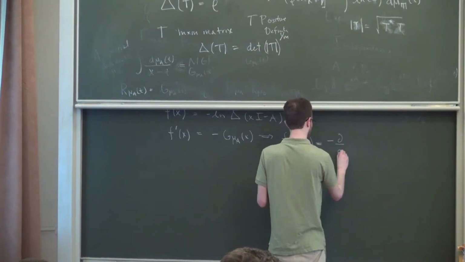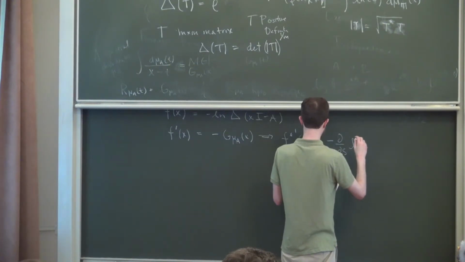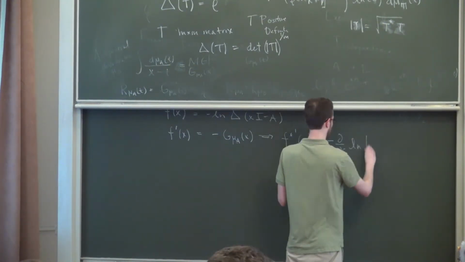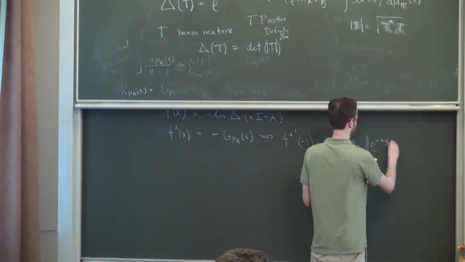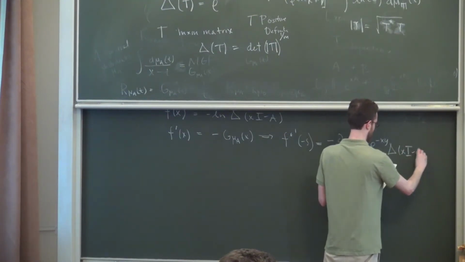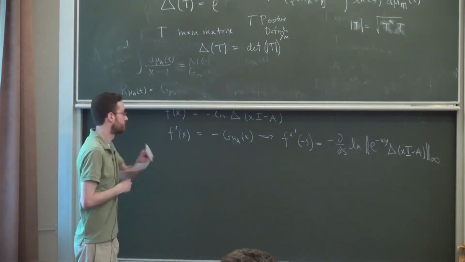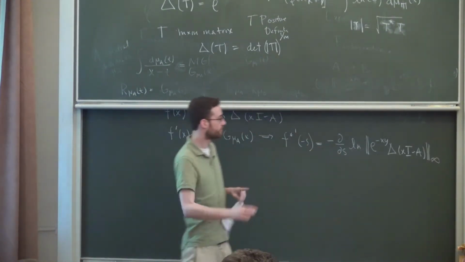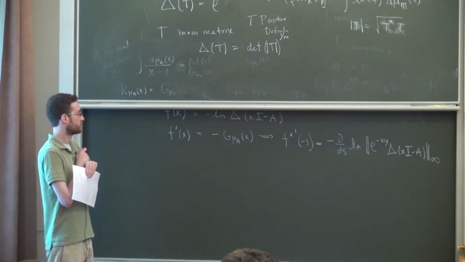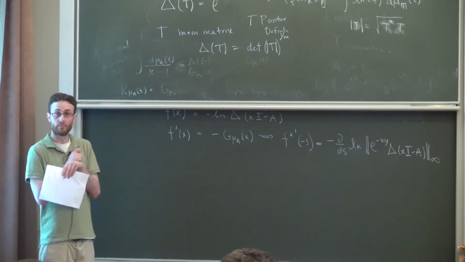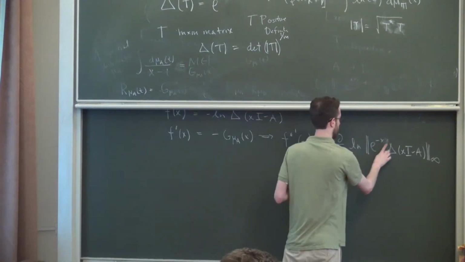Minus partial derivative of s, natural log, infinity norm. And that's using this over here. And s is sort of the dual variable. Sorry, this should be an s.